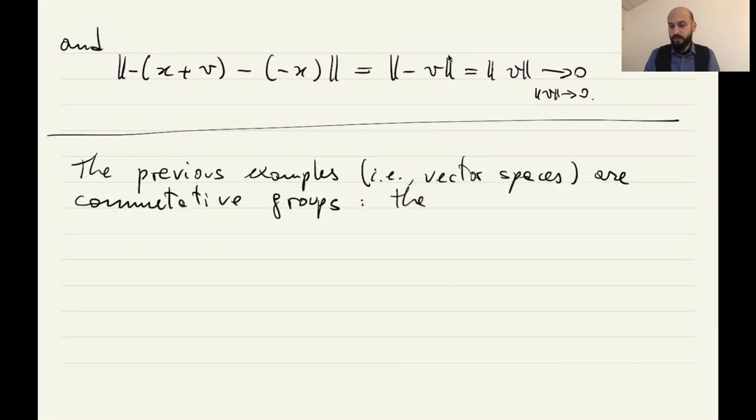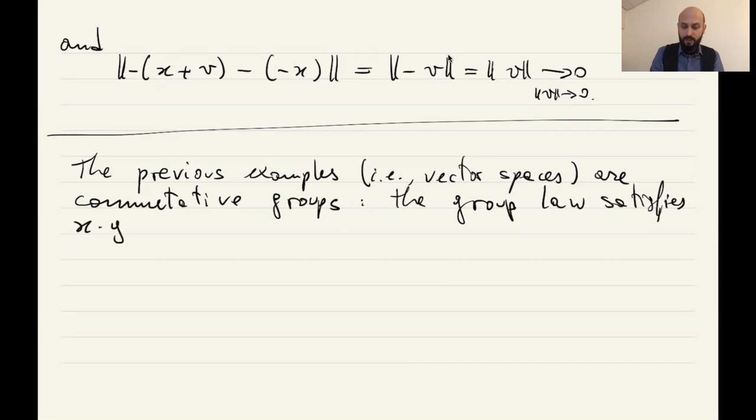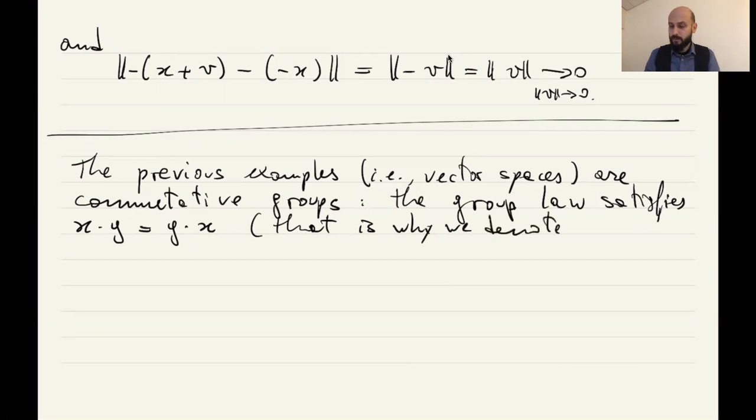The group law satisfies x times y equals y times x. And whenever we have such a property, we write the operation with the plus.